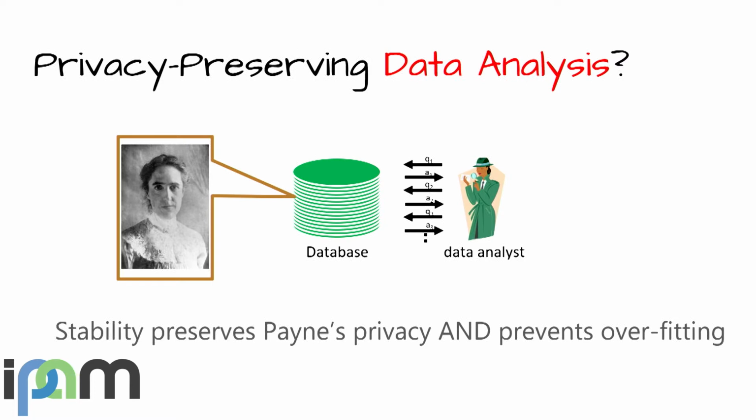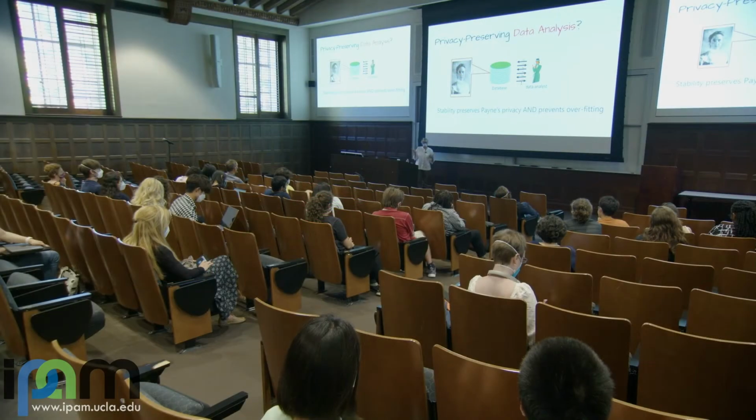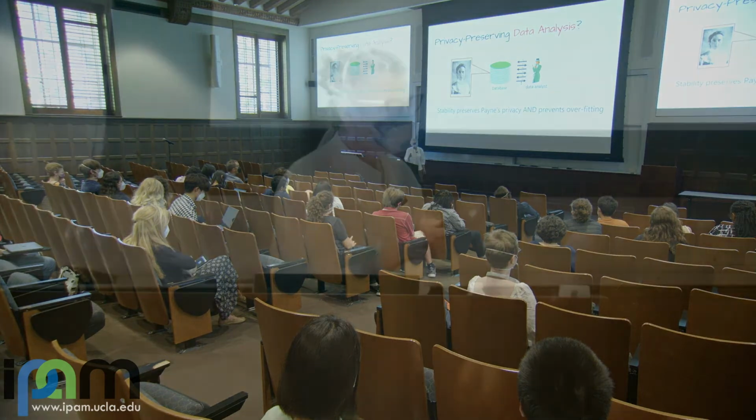Now, with such a strong notion of privacy, it's almost counterintuitive that you could do any useful data analysis whatsoever. And if you're skeptical, that's fine. It's reasonable to be skeptical. I just want to make a point for those of you who are familiar with some concepts from machine learning.